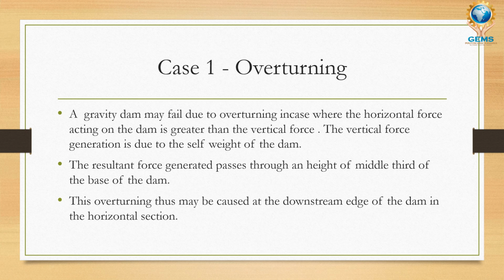In this slide, I am going to explain the overturning failure, the first and foremost failure which causes a dam to overturn. A gravity dam may fail due to overturning when the horizontal force acting on the dam is greater than the vertical force. Consider a dam like this gravity dam.